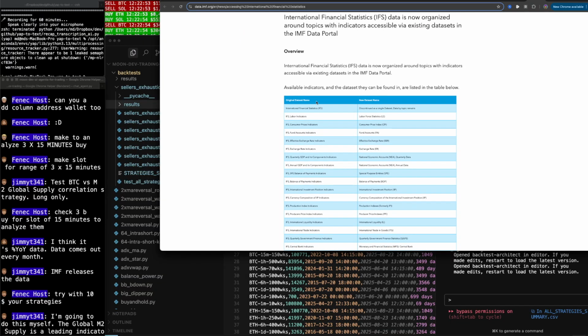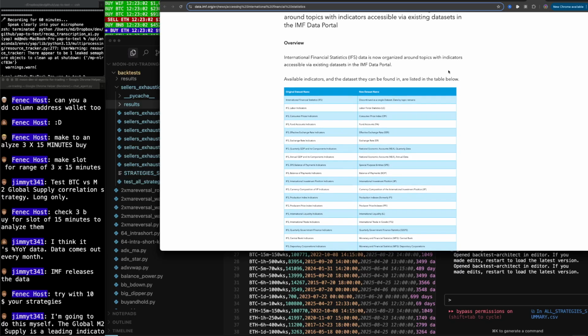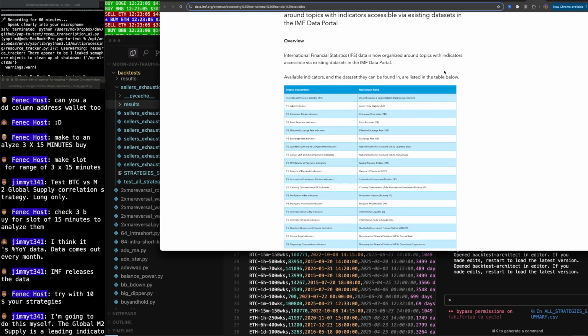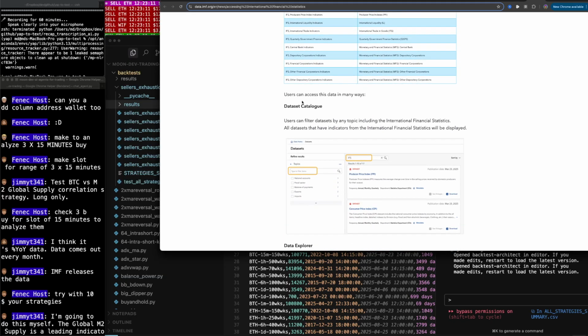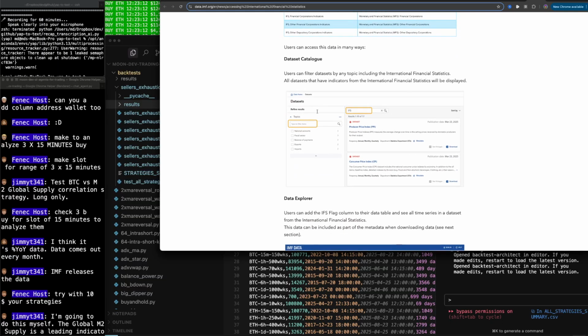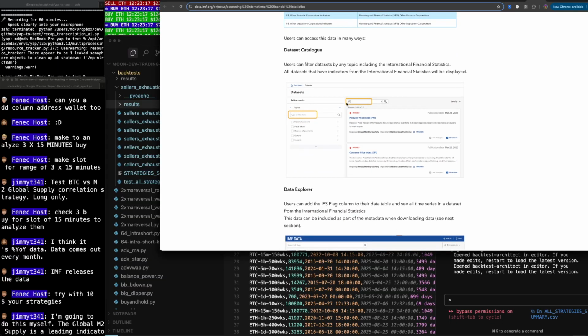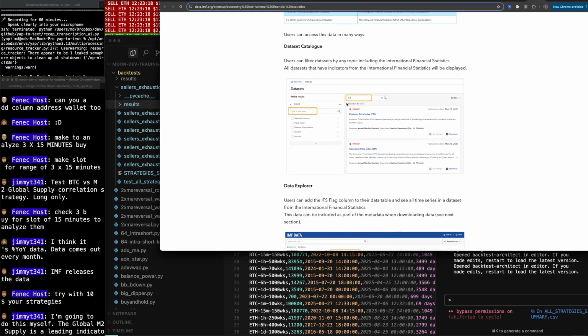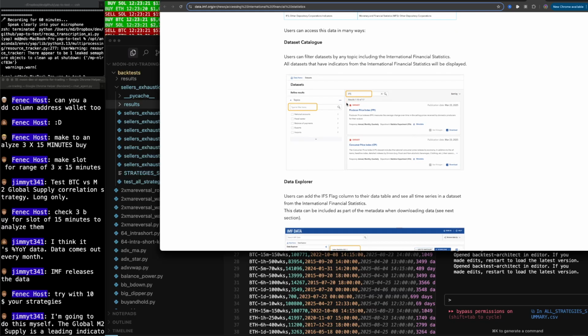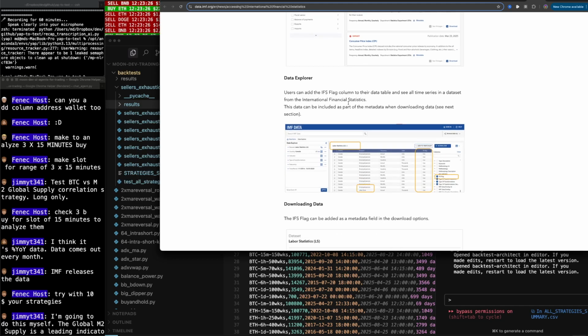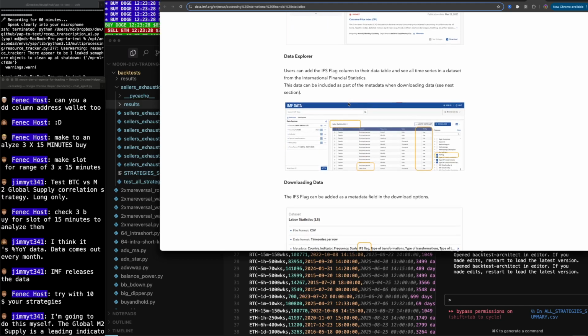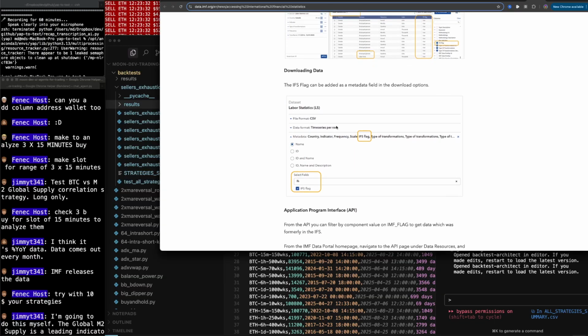Perfect. Available indicators and data sets are listed below. Users can access this data in many ways. Data catalog: users can filter data sets by any topic, including the international financial statistics. Data Explorer: users can add the IFS flag column to their data table.